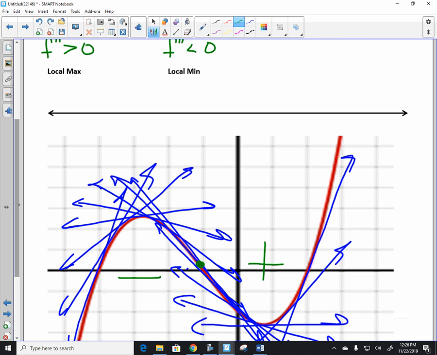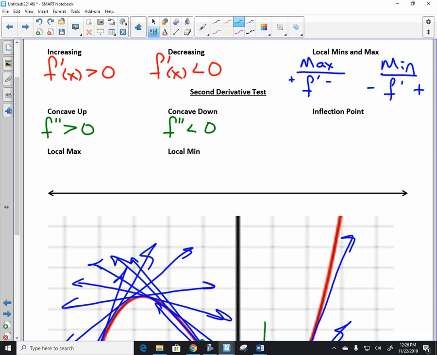That point that you guys talked about right here, where it looks like it changes from the tangent lines dropping to all of a sudden the tangent line starting to tilt up, we call that the point of inflection. Inflection is where concavity changes. That's where f double prime changes sign.